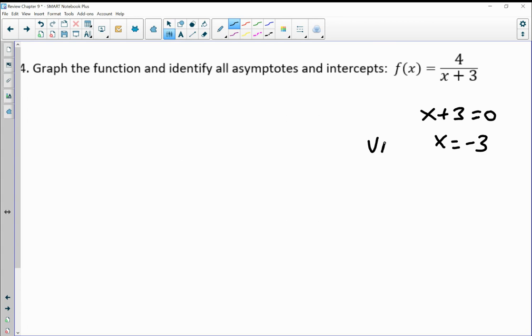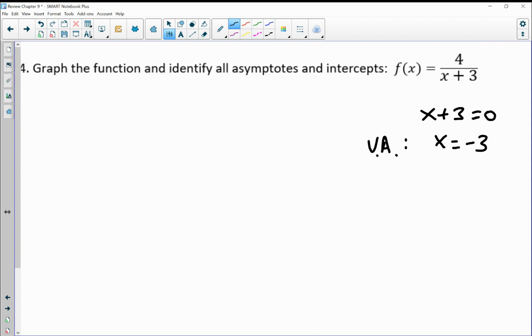Okay, so that is our vertical asymptote, VA for short. What we'll do next is gather points around the vertical asymptote to help dictate how we're going to graph this function.